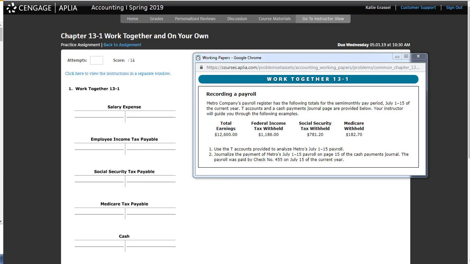So every one of those columns that we need to journalize, we don't journalize regular earnings. Okay? We are going to go through and use our total earnings. Total earnings are going to equal what account? Salary.